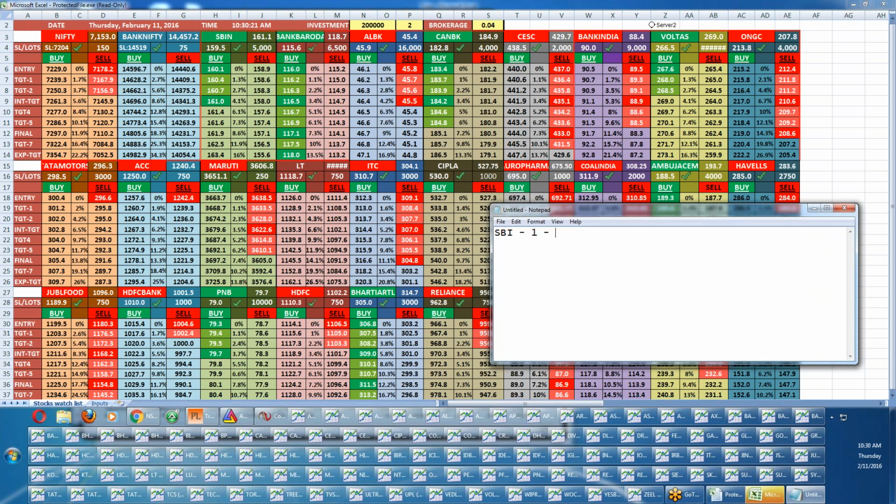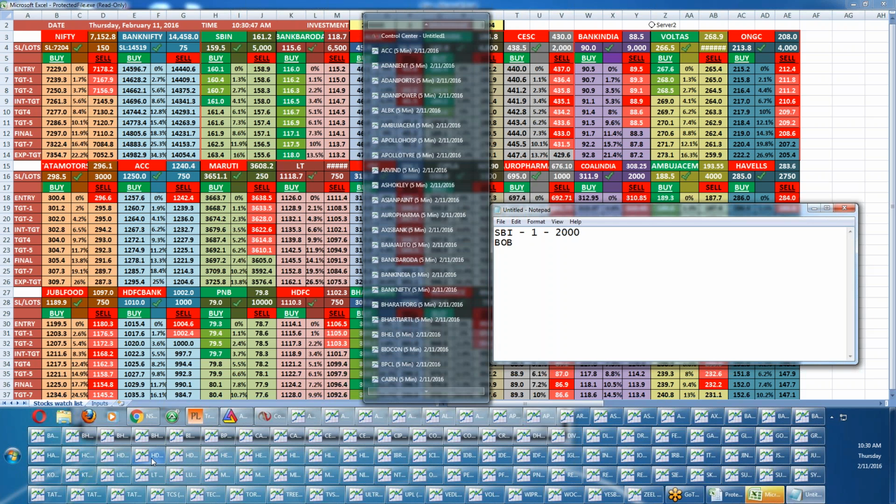In case you'd have traded in futures, your profit is 2000 rupees on SBI. Bank of Baroda, 116 is your entry, and 118.70, that's 2.7.